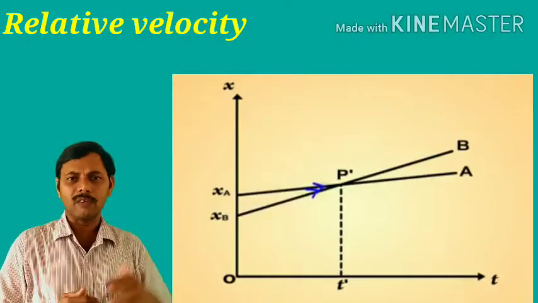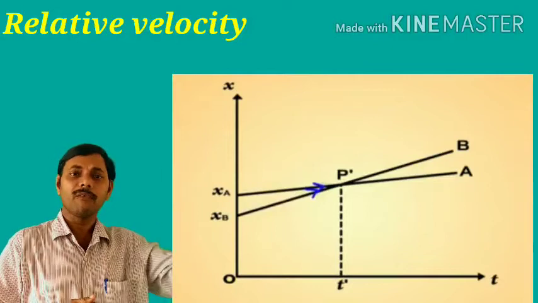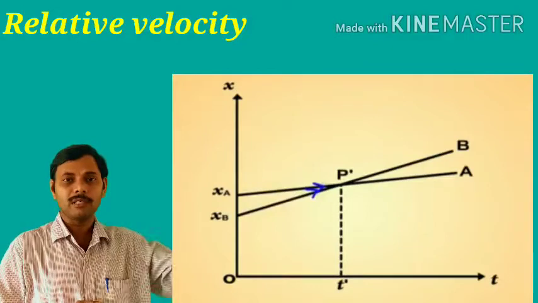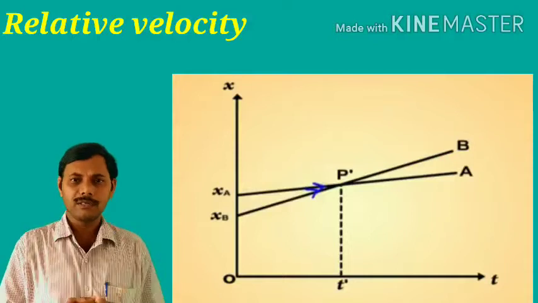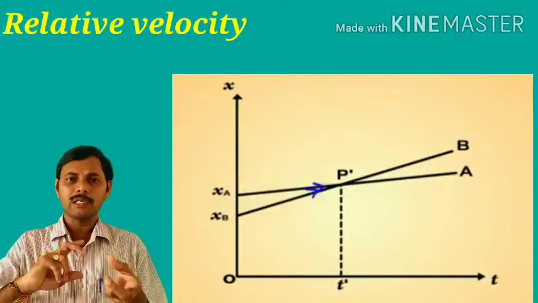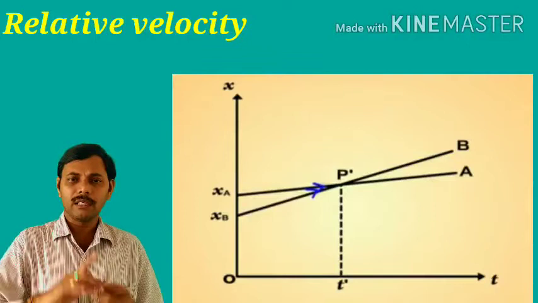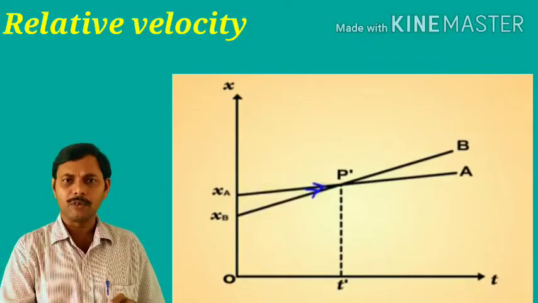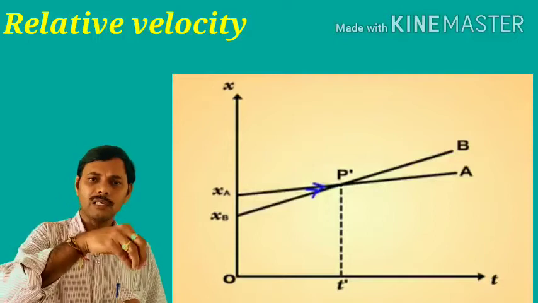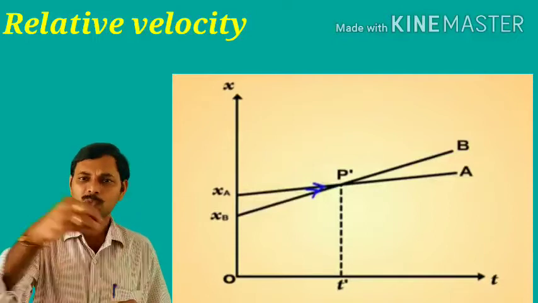After t dash seconds, B is ahead of A. B advances and exceeds A after t dash seconds, because the relative velocity of A with respect to B is VA minus VB, and that is negative. So relatively car A is getting slowed down with respect to B.